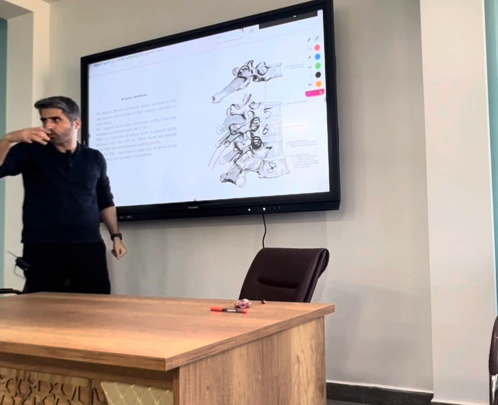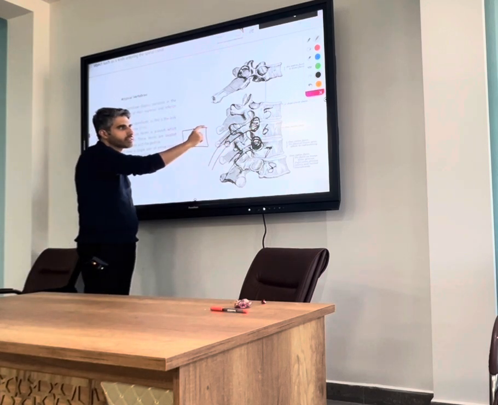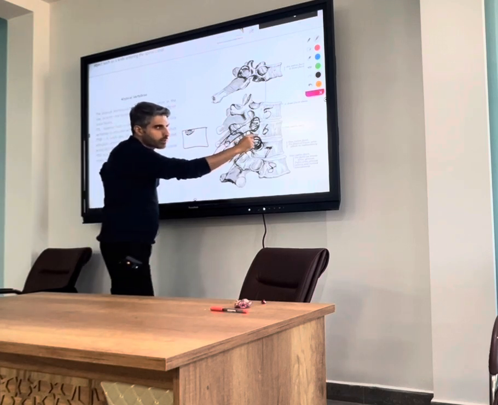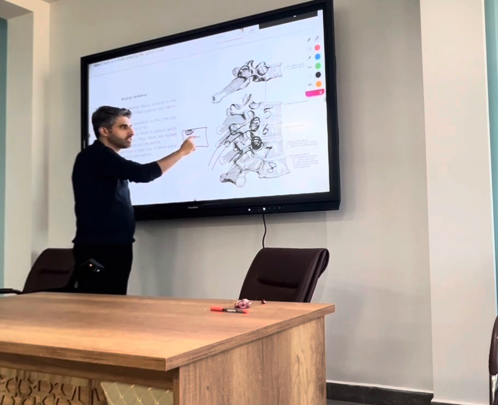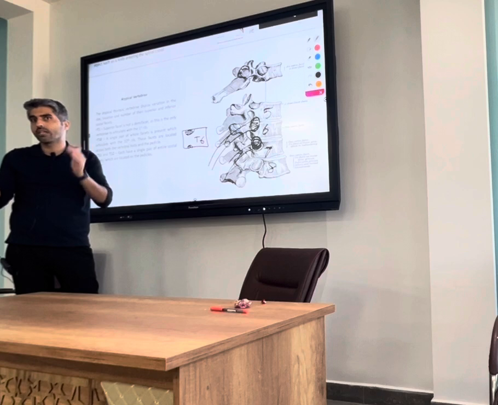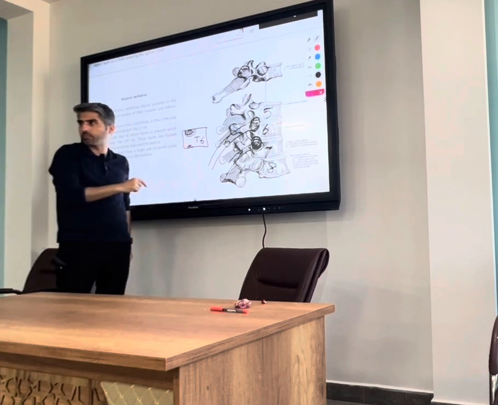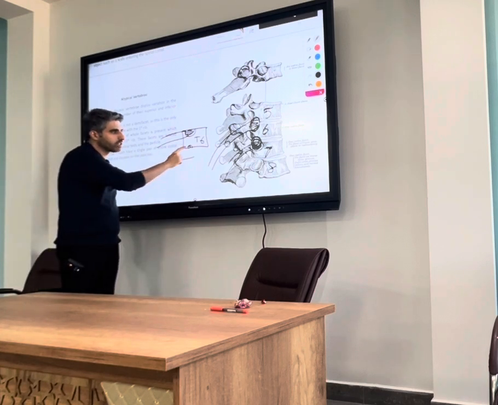Upper part for rib number 6, lower part for rib number 7. This is T6. In the lateral side of the T6, we have two places. The upper part for the same rib, rib number 6, but the lower part for rib number 7.